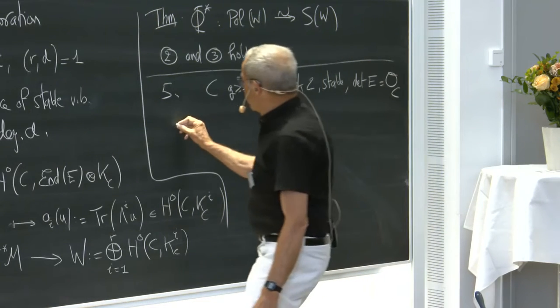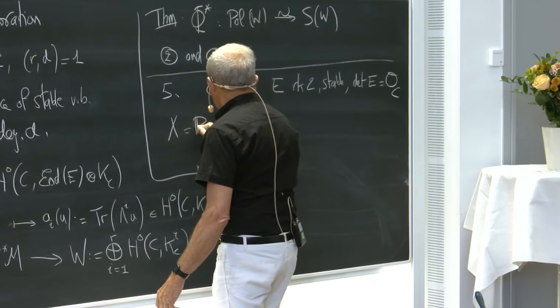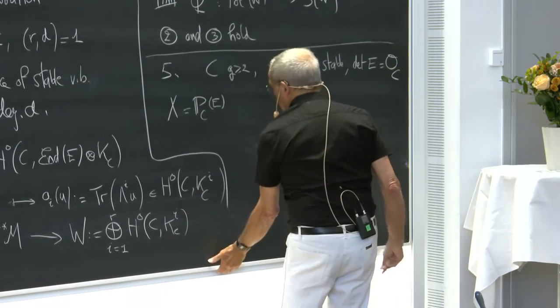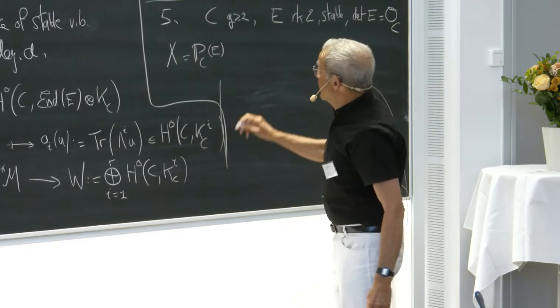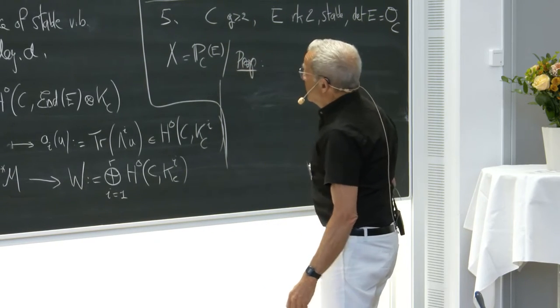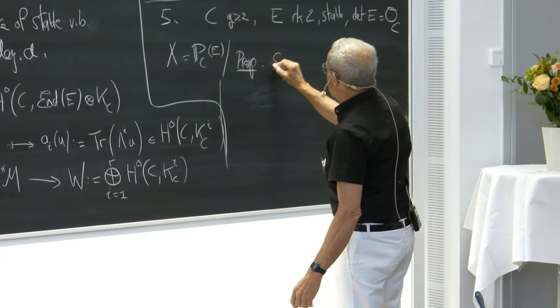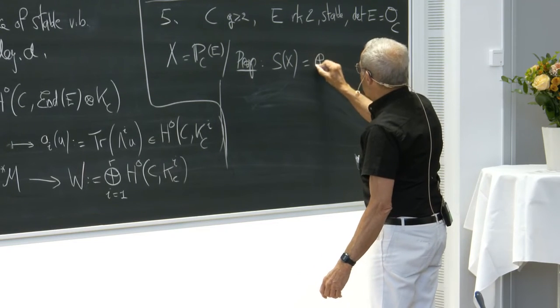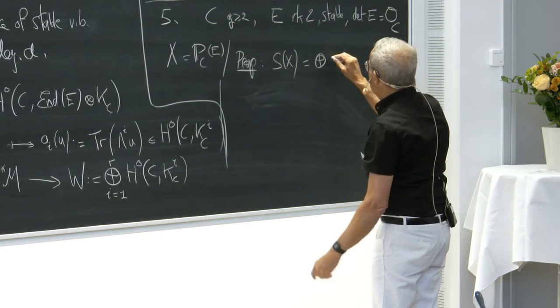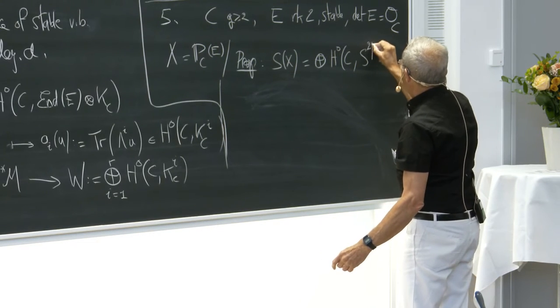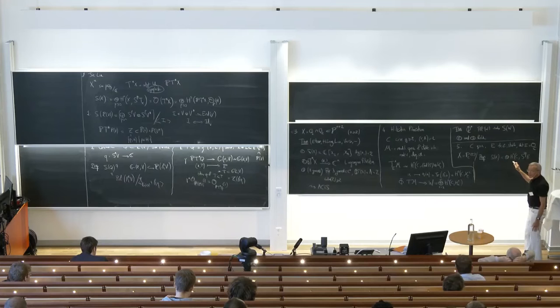And I consider X = P(E) over C. Then the proposition is that S(X) is the direct sum of the H^0(C, S^{2p}E), the even symmetric powers of the vector bundle.